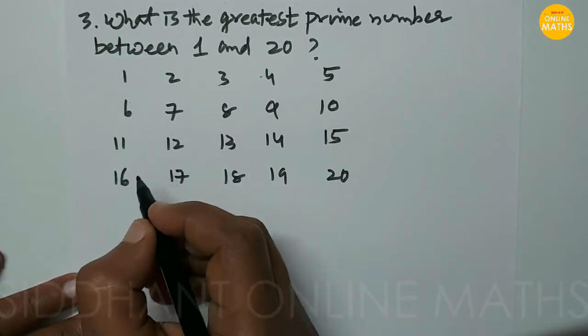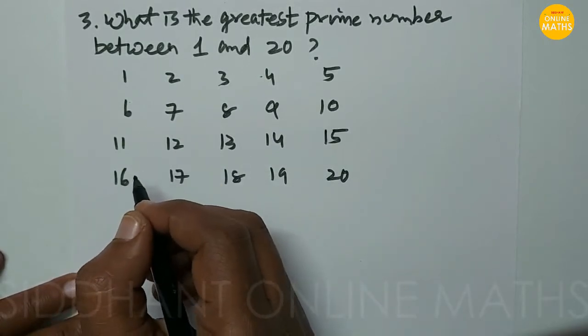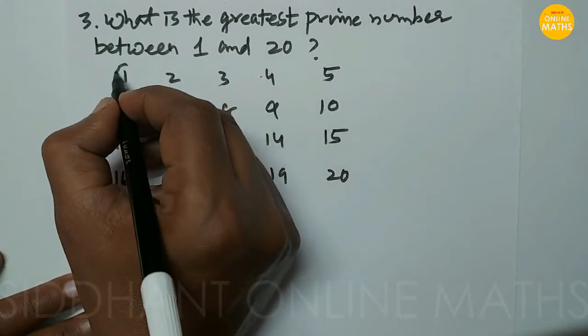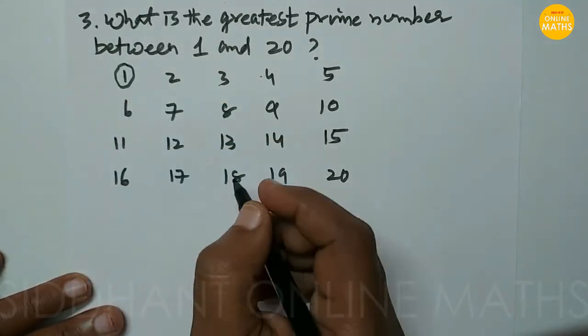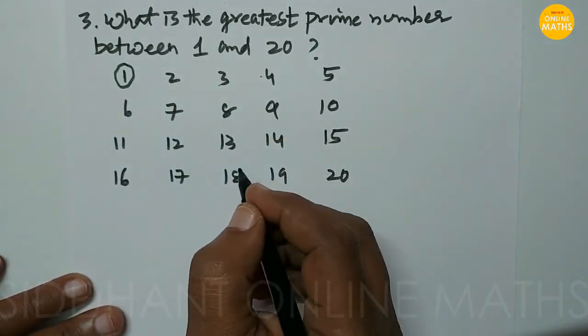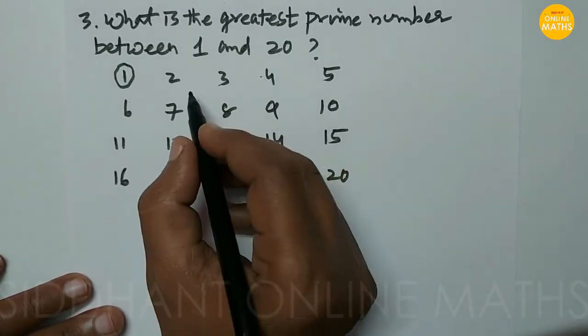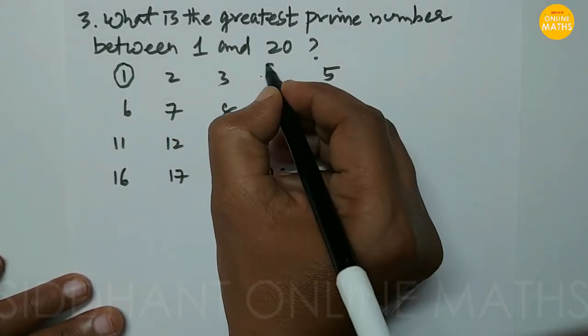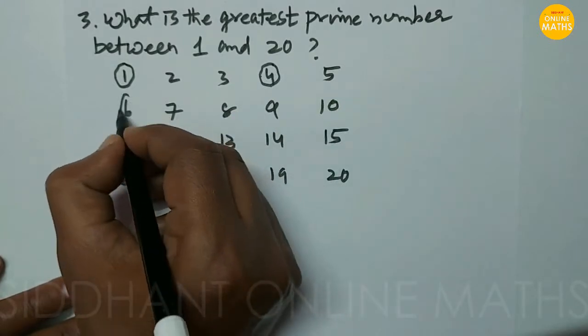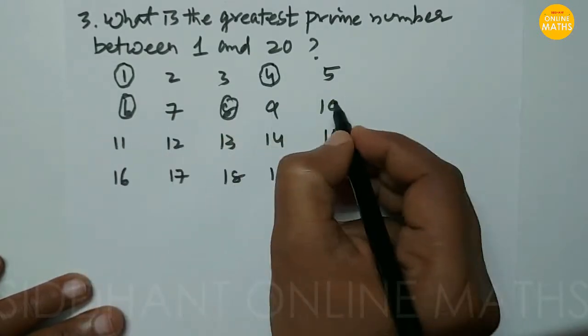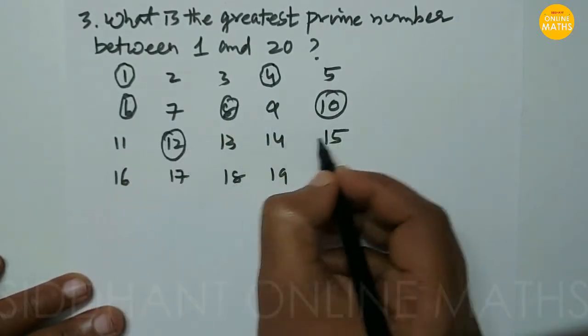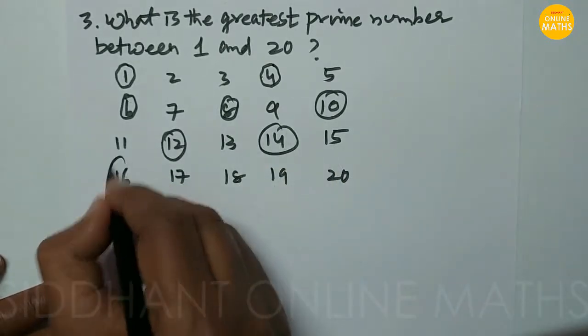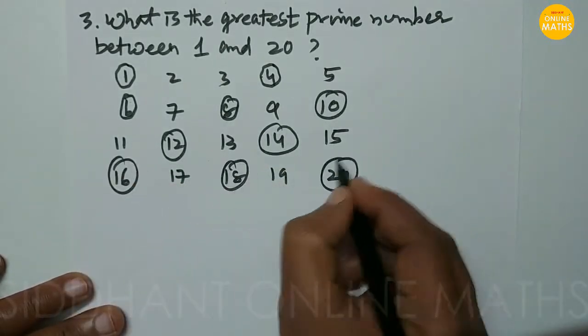So first we are going to circle 1, because it is neither a prime number nor a composite number. After that we go for multiples of 2, that is 4, 6, 8, 10, 12, 14, 16, 18, 20.